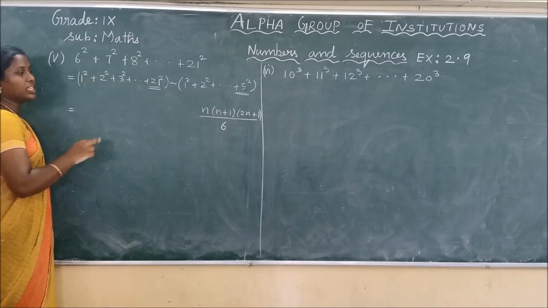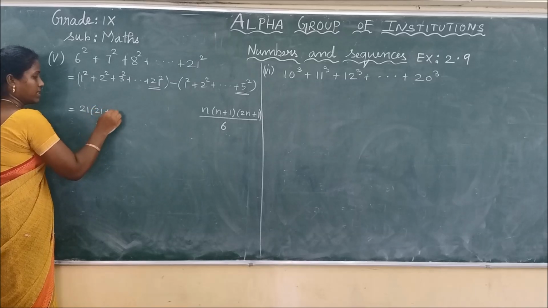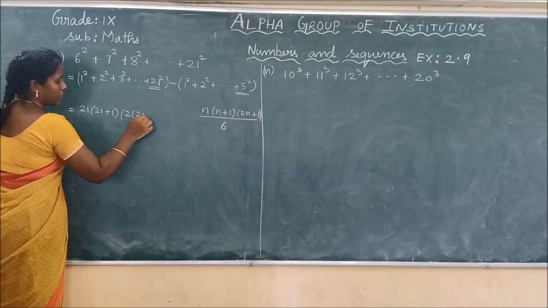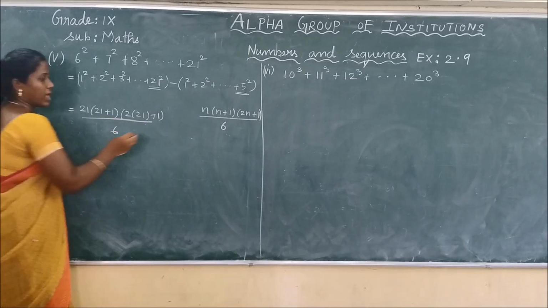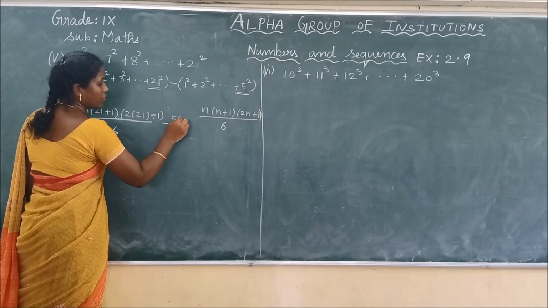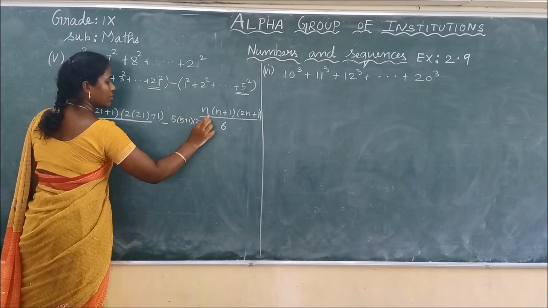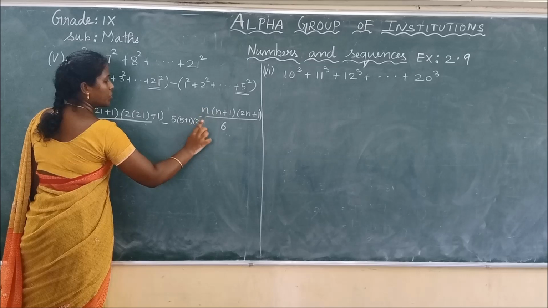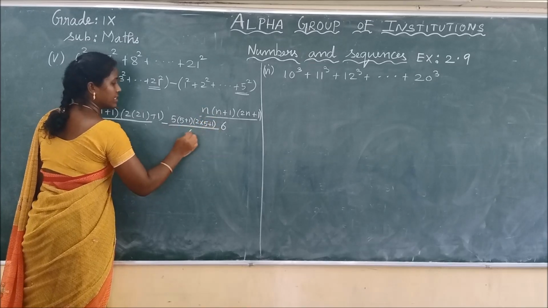Shall we substitute it? 21 into 21 plus 1 into 2 into 21 plus 1 by 6, minus 5 into 5 plus 1 into 2 into 5 plus 1 by 6.